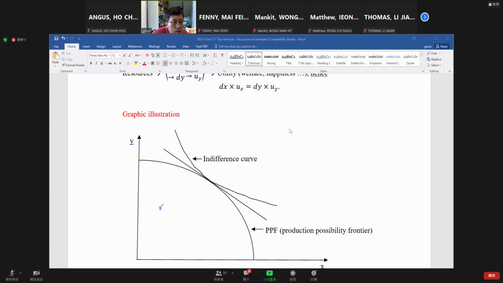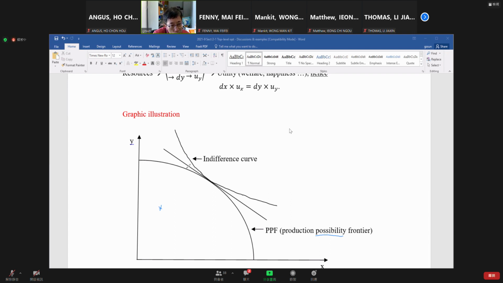Production optimal means we should always operate on this curve to produce as much as we can. So therefore, you can see we have so many production optimal solutions. The so-called possibility: what is possible to produce? The frontier means the maximal output of X and Y.